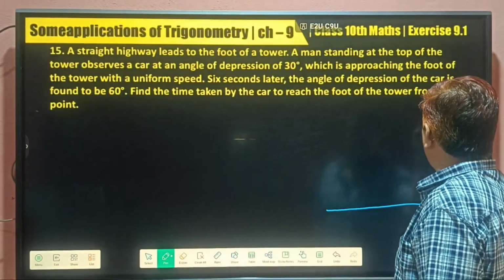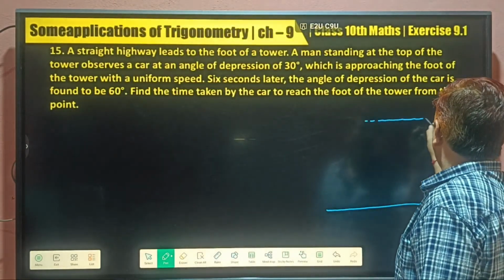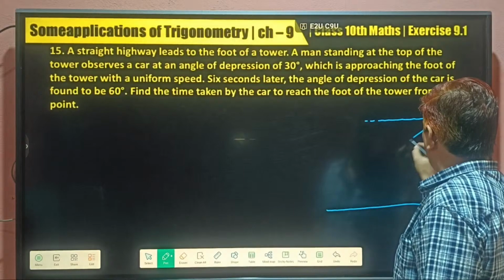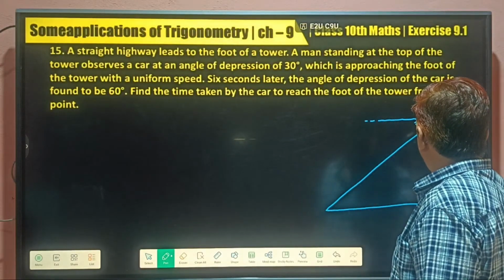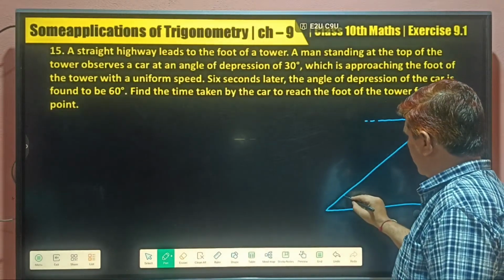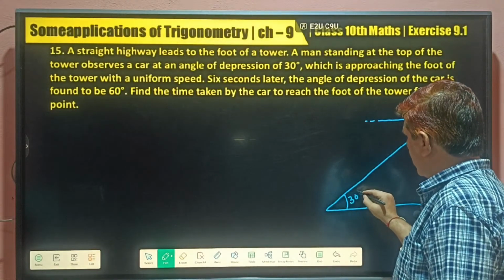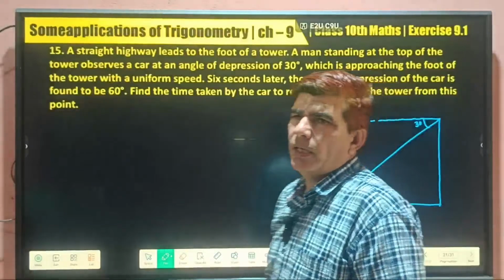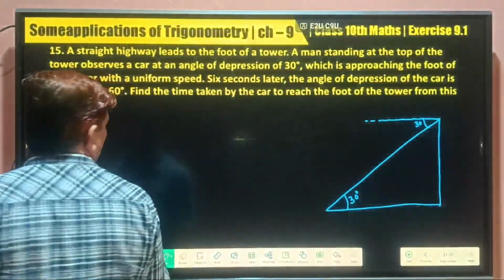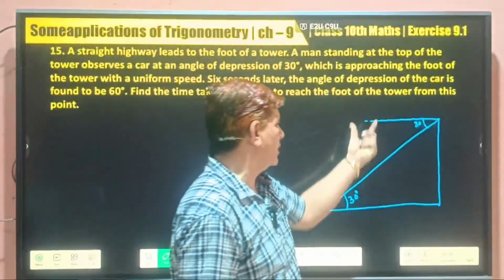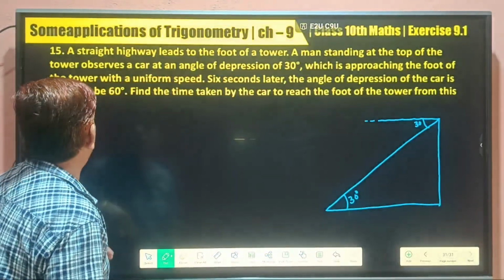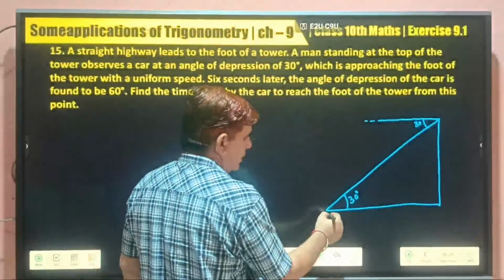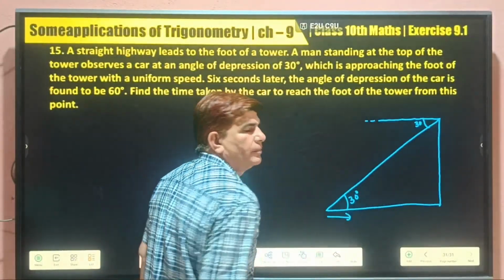So one man is observing this, and this angle is formed. This angle is 30 degrees, so this also is 30 degrees. Why? Alternate interior angles between two parallel lines are equal. Which are parallel? This and this are parallel. The car is approaching the foot of the tower, running in this direction.